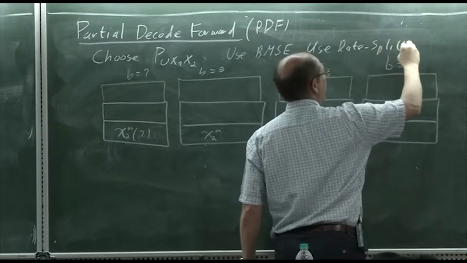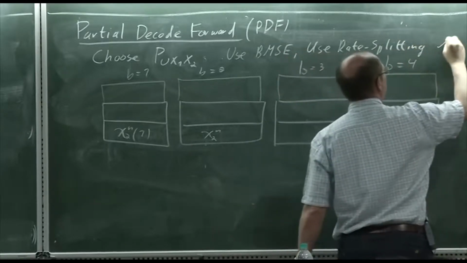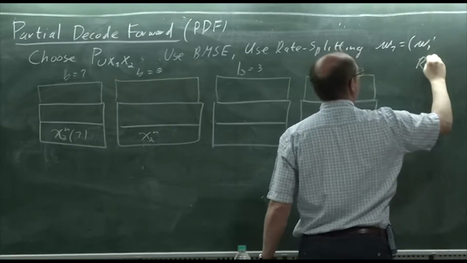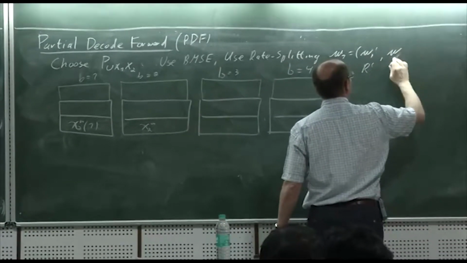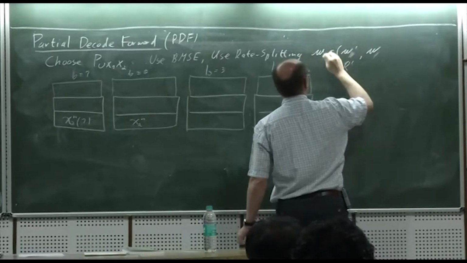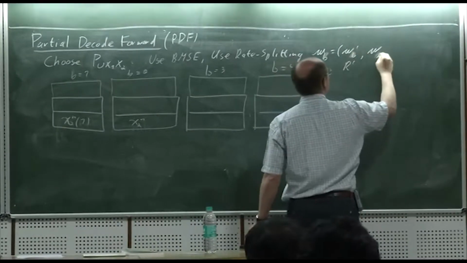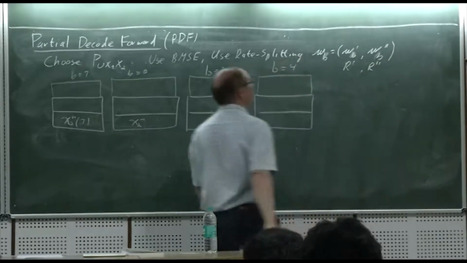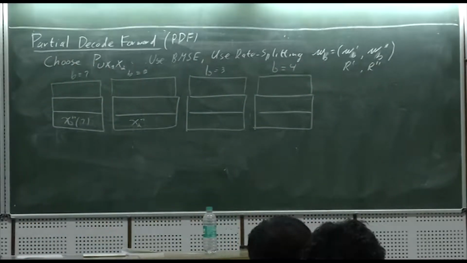So it's like multipath routing, right? So W1 is split into W1 primed with rate R primed, and W1 double primed with rate R double primed. Right. So it's like doing the multipath routing.